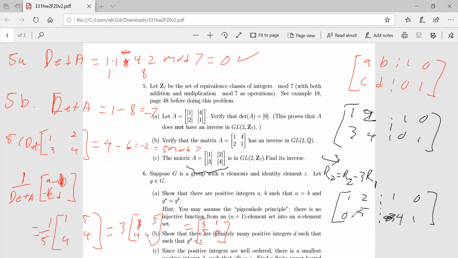I'm just going to multiply: R2 equals 3R2. So that gives me 1, 2, 0, 1. And then I get 1, 0. And then if I multiply this by 3, I get 5, and if I multiply this by 3, I get 3.